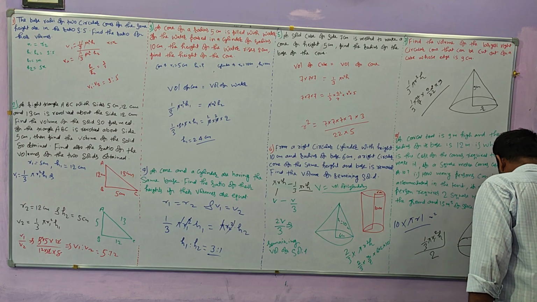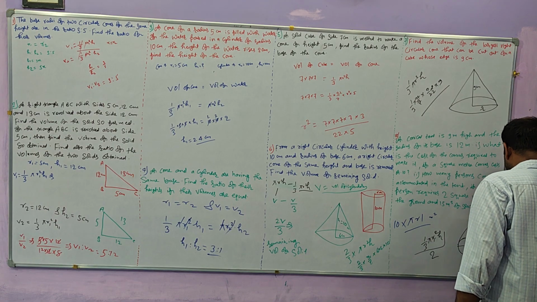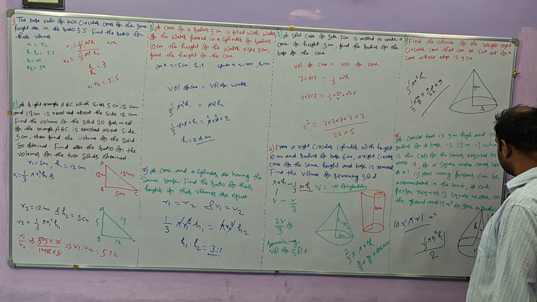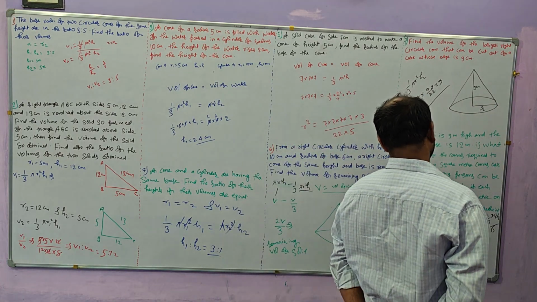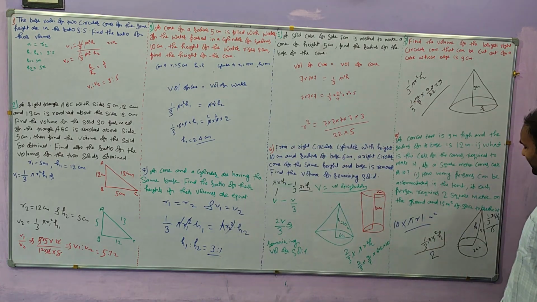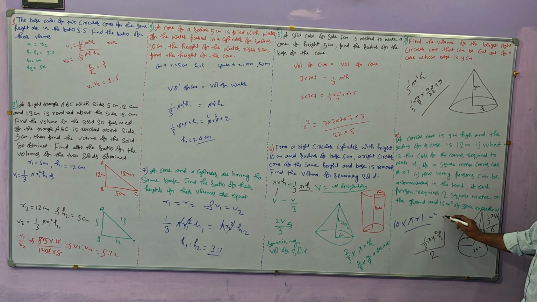So I will divide it by 50. Basically, the radius and height are the same in both cases. That doesn't matter. R1 is equal to R2 and H1 is equal to H2.